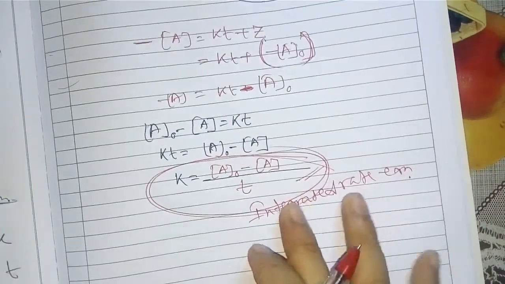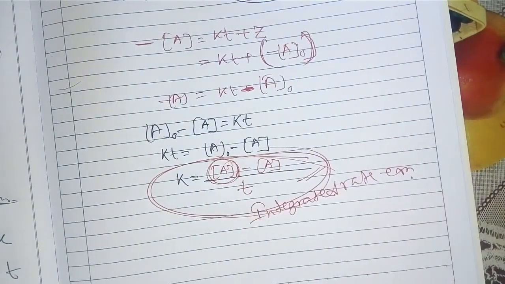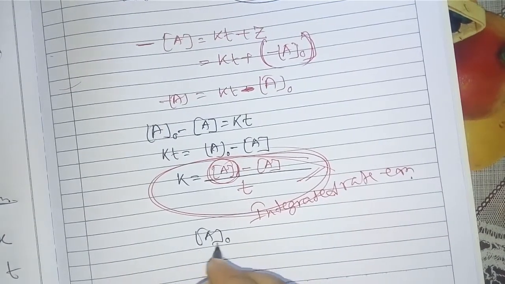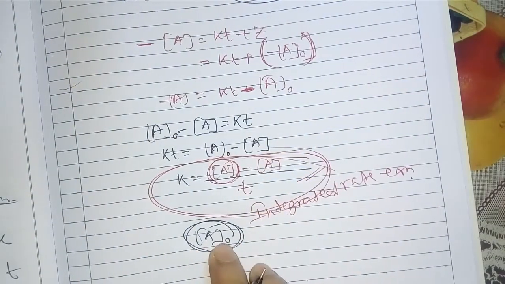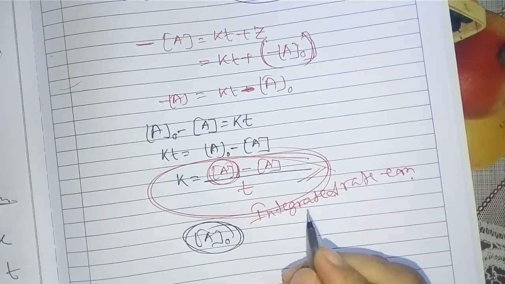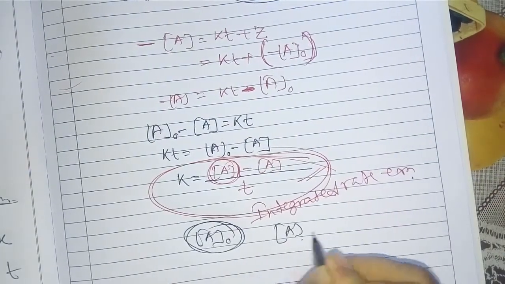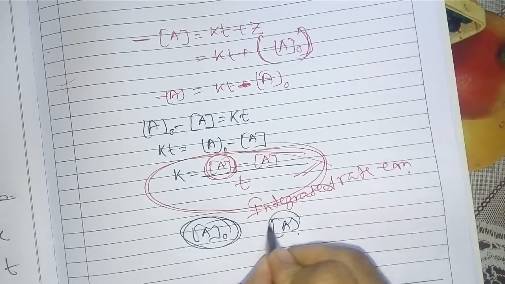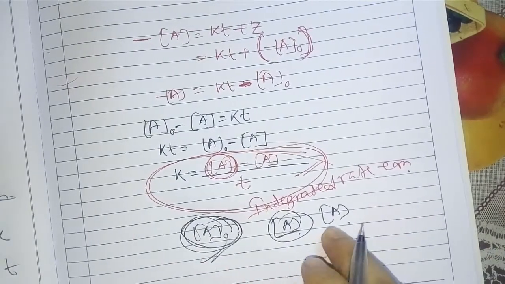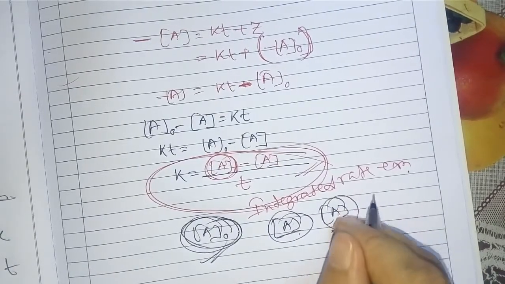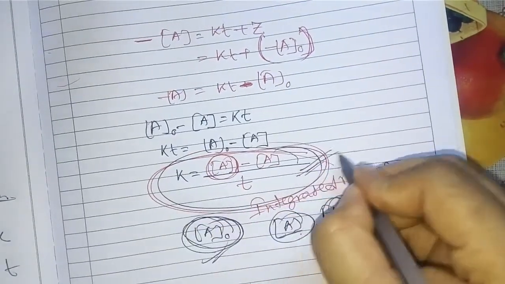If the initial concentration of the reactant is A naught, and the concentration of the reactant at time t is A, and both are known, then the value of the rate constant can be calculated using this formula.